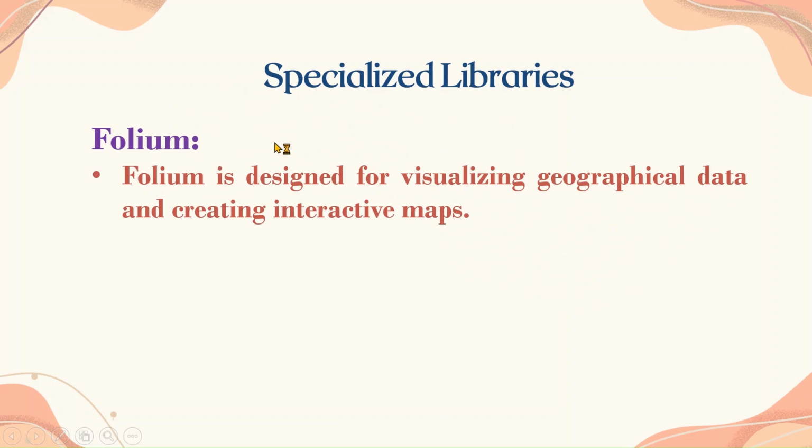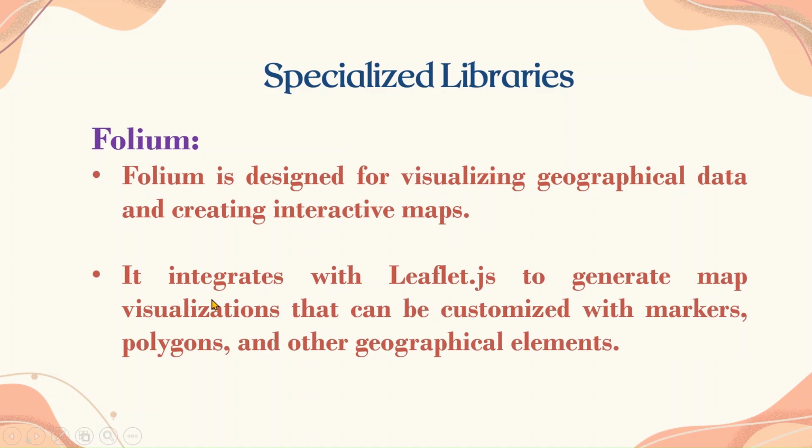Then, specialized libraries, we have Folium. Folium is designed to visualize geographical data and create interactive maps. It integrates with Leaflet.js JavaScript to generate map visualizations that can be customized with markers, polygons, and other geographical elements. So we have the Google Maps sort of thing.